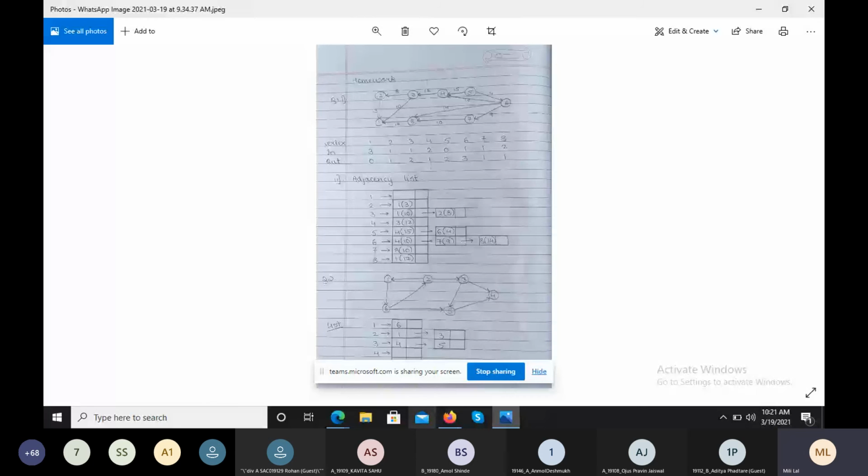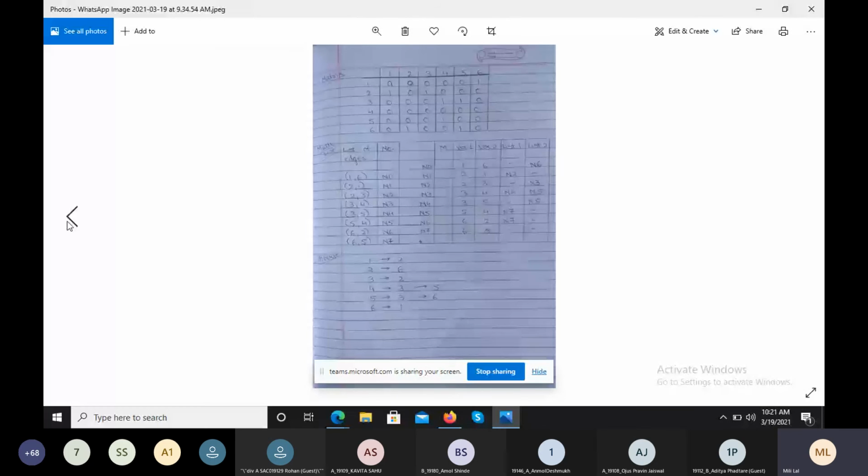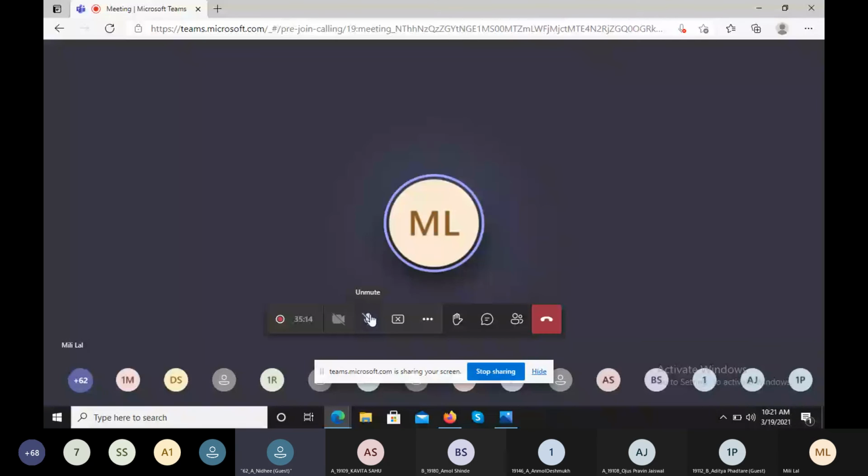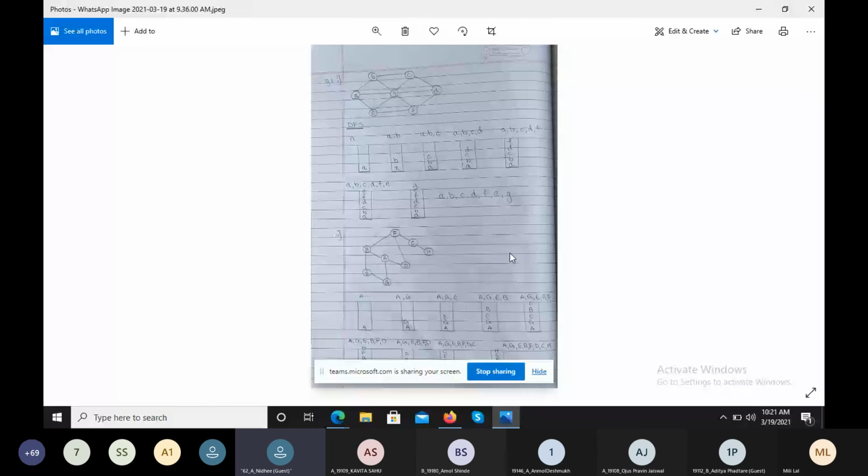Yes, go ahead. So the question was for depth first search. In this, we use a stack. The starting vertex was told to be A. So A enters the stack.